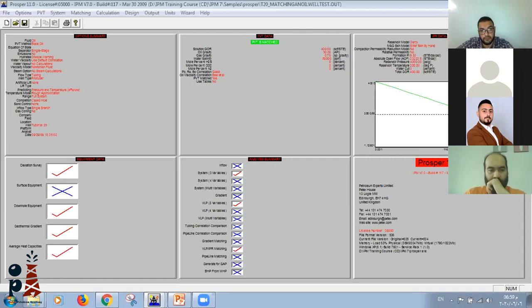It's not the case, because normally oil is faster than water because it's less dense. So if it's 50% at surface, you will find that down there it will be like 70% water cut. This is the term of the holdup that is different from the water cut. Holdup is completely different.